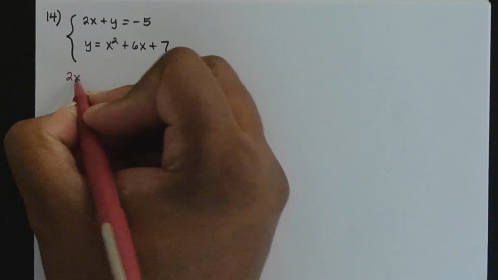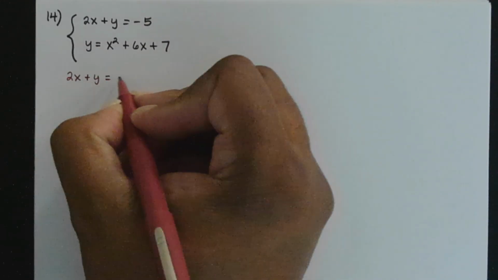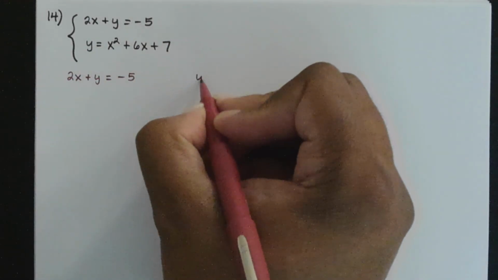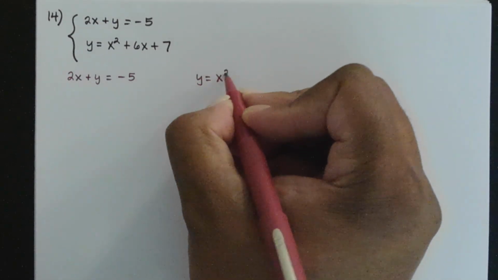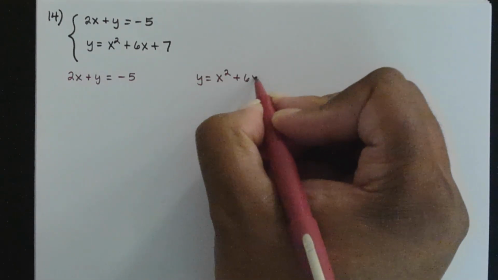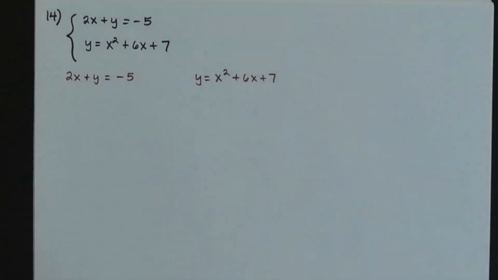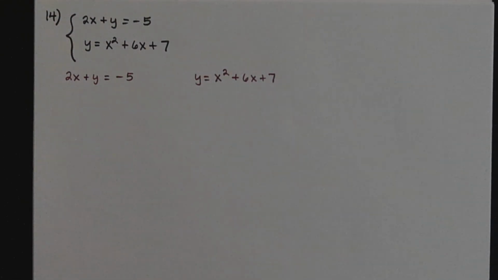So here I've got 2x plus y is equal to negative 5. Now I've already got an equation to solve for y. Y equals x squared plus 6x plus 7. So I can go ahead and use that substitution method.